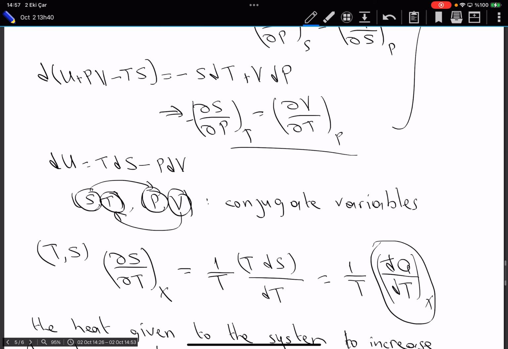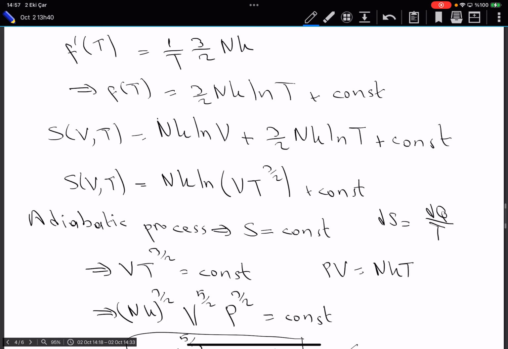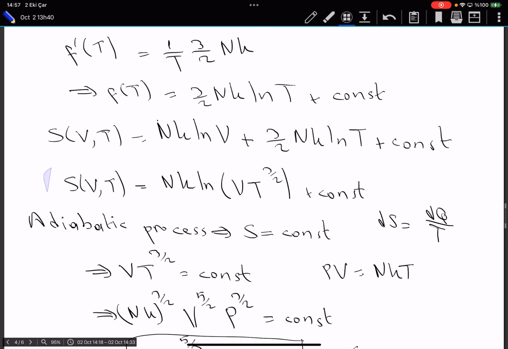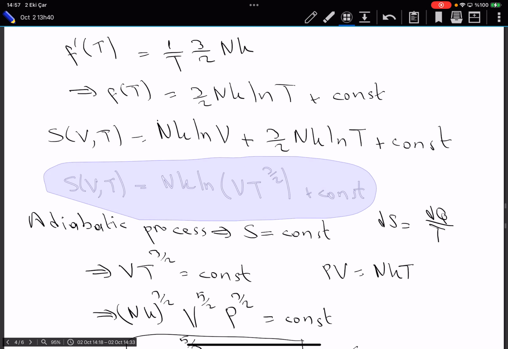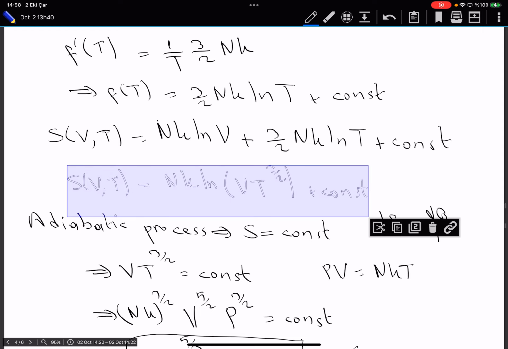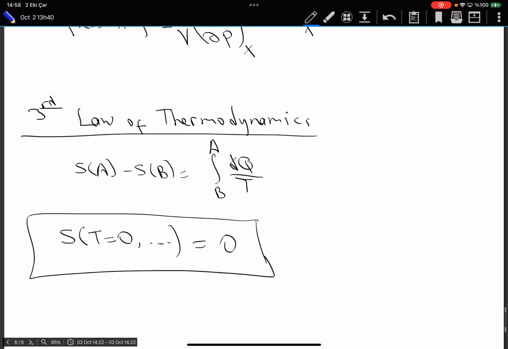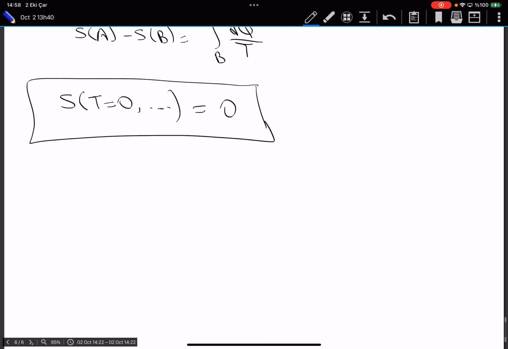You see, we derived the entropy of the ideal gas. Just using thermodynamics, we could determine its form using the equation of state, but we couldn't determine what that constant is.